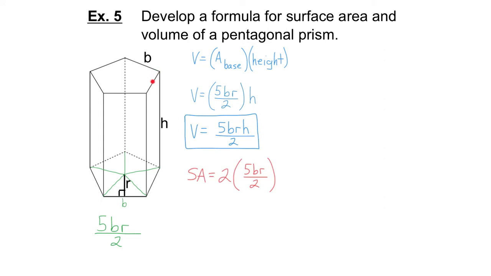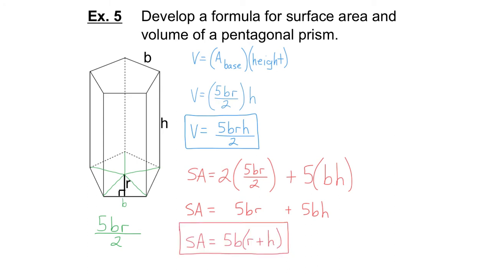And then I have 5 rectangles that are all B by H. So now if I simplify, well, 2 divided by 2, that cancels out, so I'm left with 5BR plus 5BH. Now 5B is also a common factor, so I end up with 5B multiplied by R plus H. So there you have volume and surface area for a pentagonal prism.